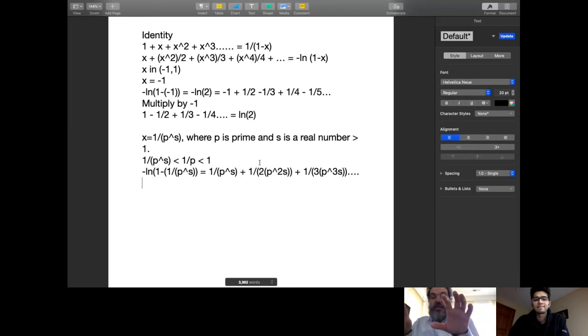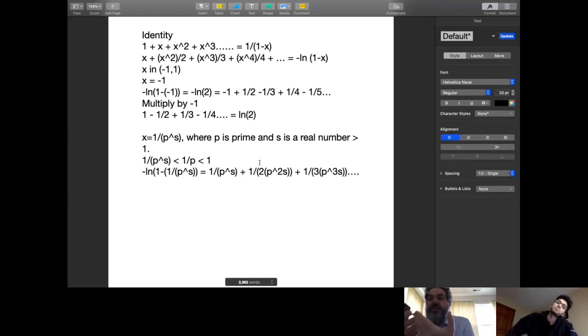So 1 over 10 is smaller than 1 over 2. True. But it's much larger than 1 over 100, by a larger factor than 1 over 2 was compared to 1 over 4. Yes. So 1 over 4 was like 1 over 2, but divided by 2. Well, 1 over 100 was 1 over 10 divided by 10.